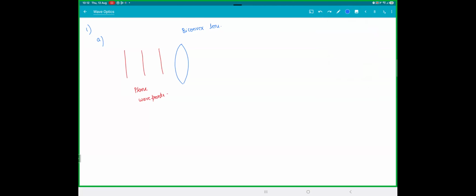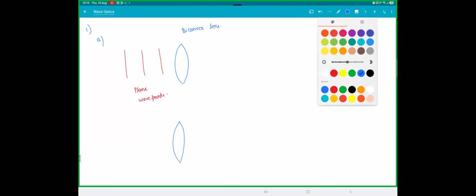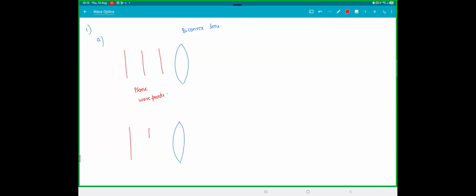Now, how to do these kinds of questions? Listen. So this is what you do. This is a lens. The wavefronts are plane wavefronts, and the perpendicular lines to them, the green lines, will be your light rays. So you should always draw your light rays. When you send light rays parallel to the axis of the lens, they meet at the focus.